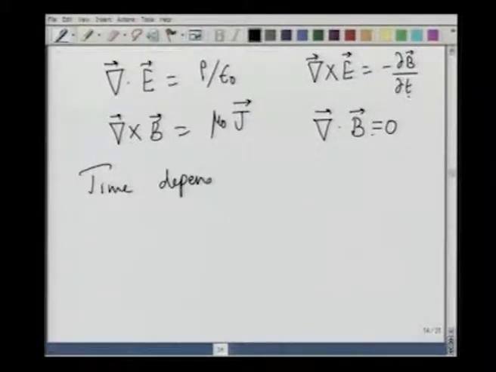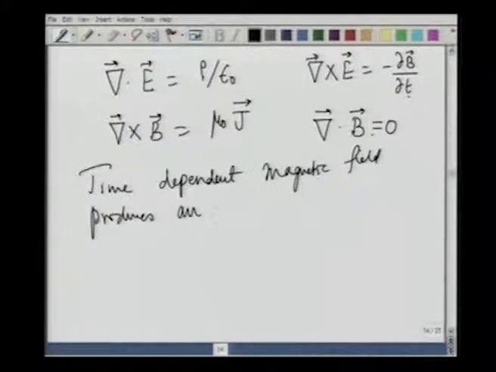A time dependent magnetic field produces an electric field, even at locations where there is no magnetic field. The equations are all of course very similar to each other otherwise.